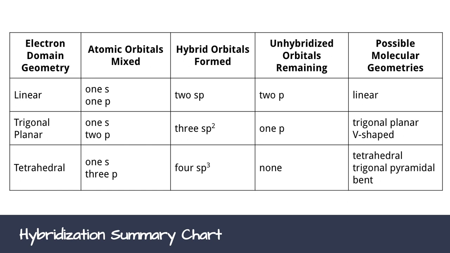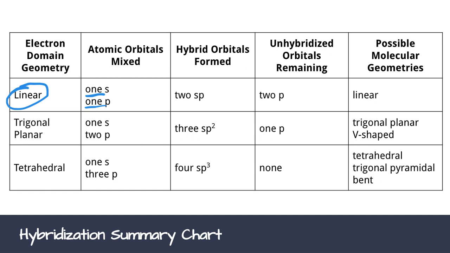So how do you know what kind of hybrid orbitals are formed? Well, really, they're based on the electron domain geometry. So they're not necessarily based on the shape itself, but on the electron domain geometry. So for linear shapes, the atomic orbitals that get mixed is 1s and one of the 3 p orbitals.